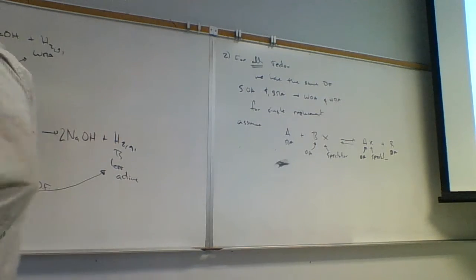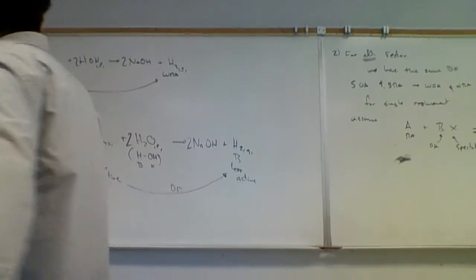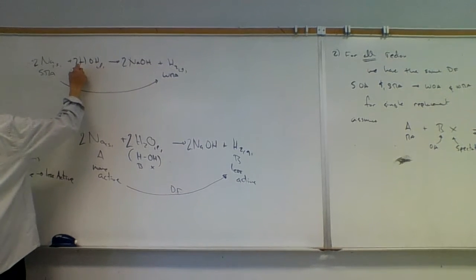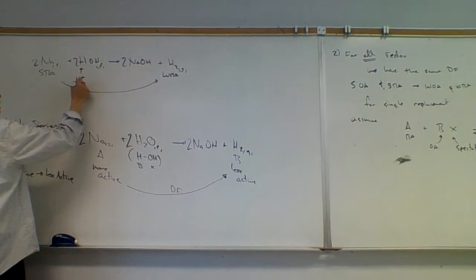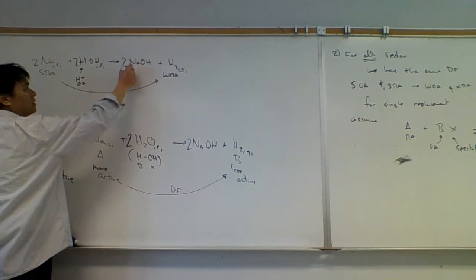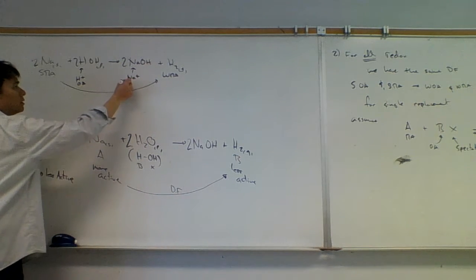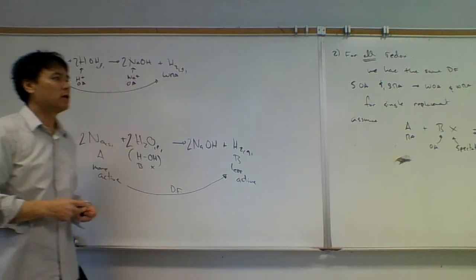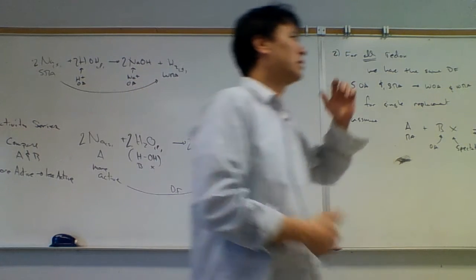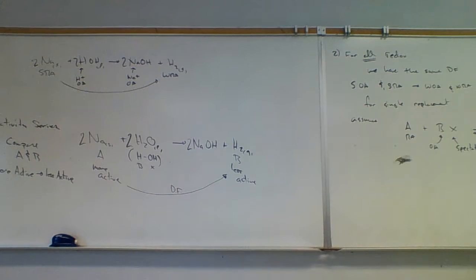The oxidizing agent here is going to be H+. That's our oxidizing agent. The oxidizing agent here is going to be sodium plus. So which one is a stronger oxidizing agent, H plus or sodium plus? Well, that's not on the activity chart, because the activity chart just looks at the reducing agent. It just looks at one half.